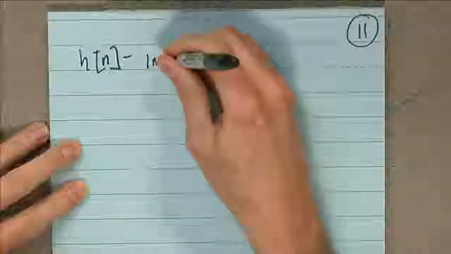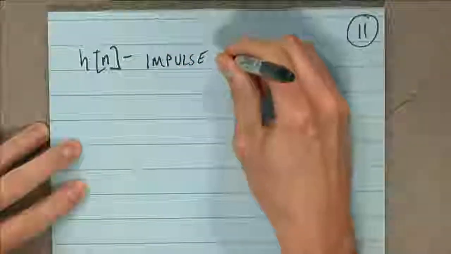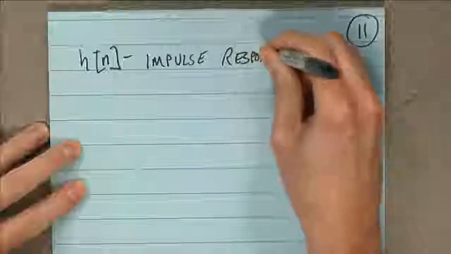It's going to tell you whether it has a frequency response. It's going to tell you things of that nature. So let's start that discussion. So h of n, impulse response, that's what we've been using that h of n for.